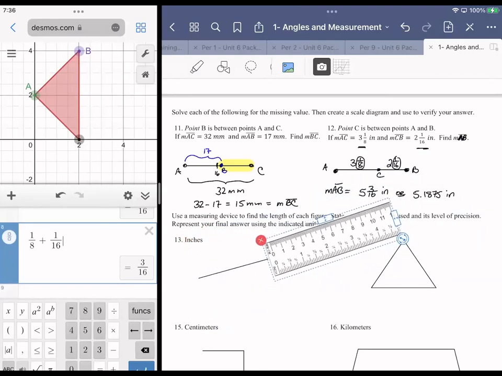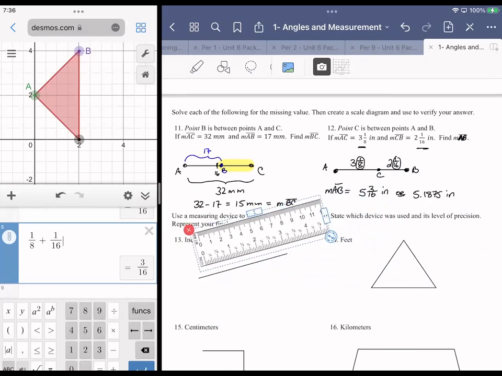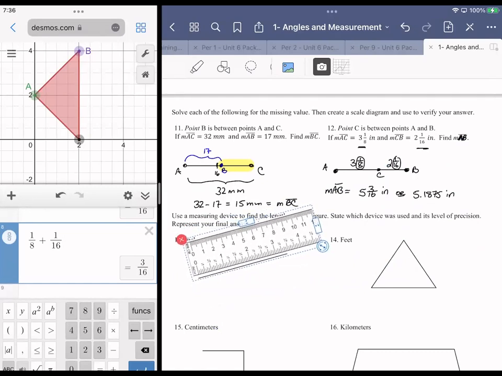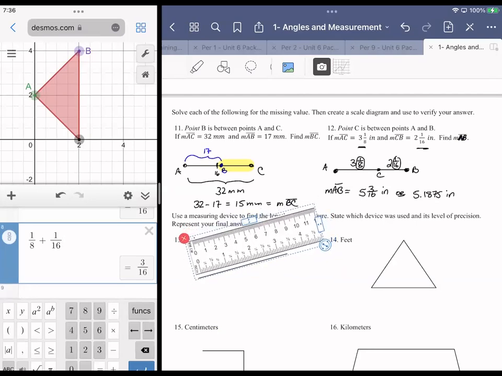But because I don't want to have to print out stuff, and all I'm really asking you to do is demonstrate proficiency in using a measuring device, I would import an image of a ruler and match it up to whatever I'm measuring, just like one of those problems that we worked on before. Take a look.